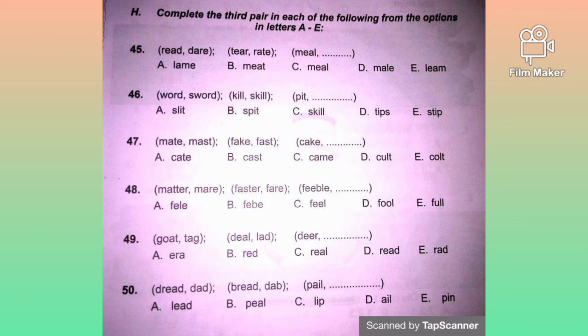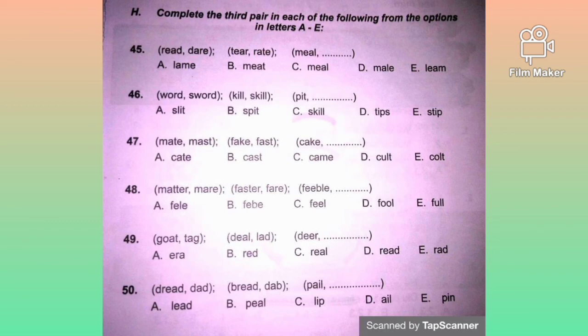I hope you're following. Okay, so let's take the last one for today so I can give you 49 and 50 to answer. So we have matter and we have mare. So what did they do here? We have MA, then the last letter is R, the next one is E. So they gave us MARE. So let's see what they did in the other one. We have faster, FA, then they took the RE. So we are given feeble.